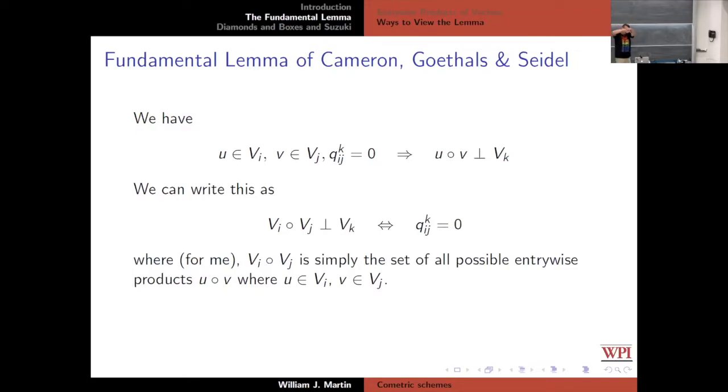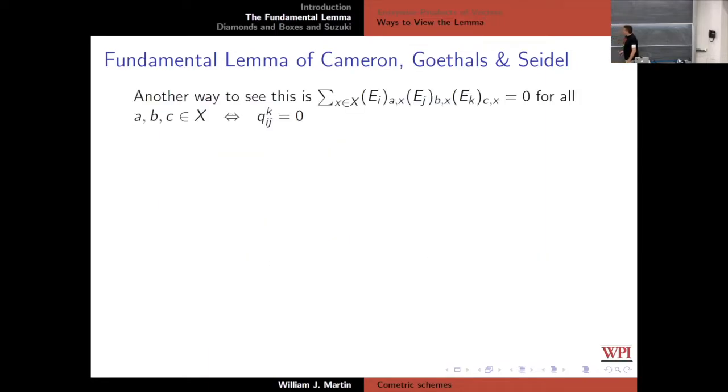Now this was in Paul's slides last week, where Paul defined V_i entry-wise V_j to be the linear span of these things, but I'm interested in this variety and the ideals of things that vanish. And so I'd like to not take the linear span right now. In Terwilliger's theory, this is expressed exactly as E_i A_j* E_k is 0 if and only if q_ijk is 0. Same fact. It's all the same.